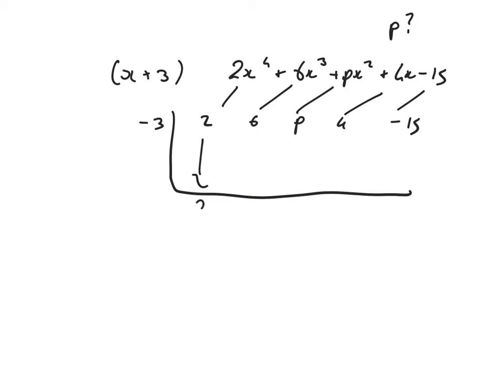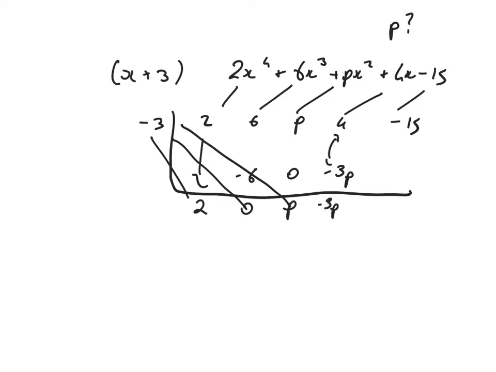Drop the 2 down, 2 times minus 3 is minus 6, 6 minus 6 is 0, 0 times minus 3 is 0, 0 plus p is p, p times minus 3 is minus 3p, minus 3p plus 4, multiply that by minus 3, minus 3p times minus 3 is 9p, and plus 4 times minus 3 is minus 12. We've got 9p minus 12 minus 15, so that will be 9p minus 27.